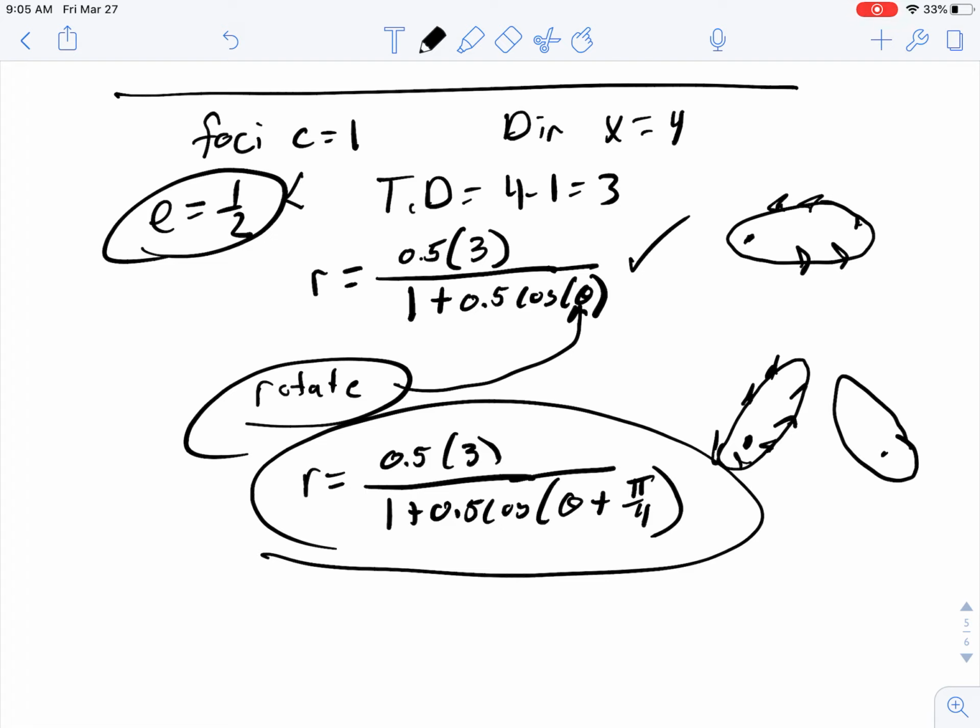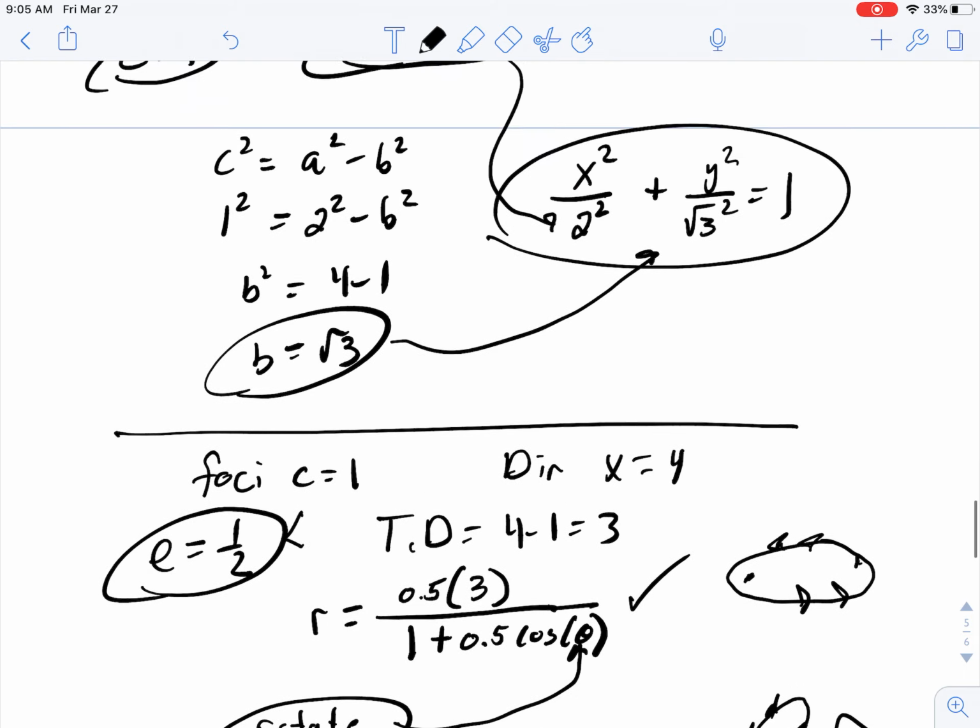Do different ones and see how it all works. Then also go back and try some of the other ones that we did, the parabolas and hyperbolas. Plug those back in your calculators and rotate those at different angles. So have a little bit of fun with your calculators, and hopefully this is making sense.